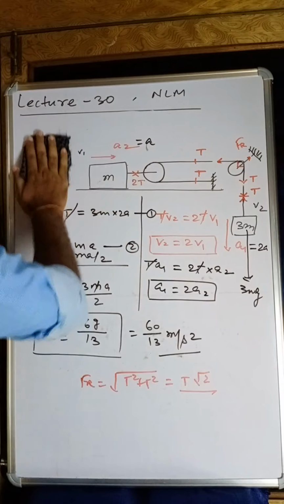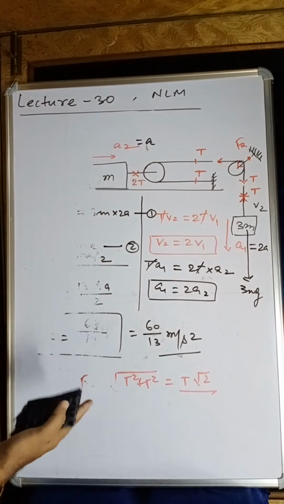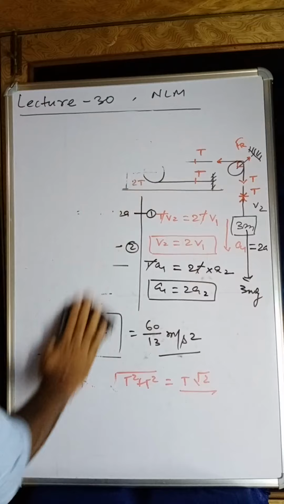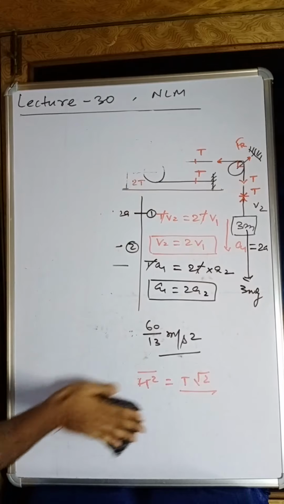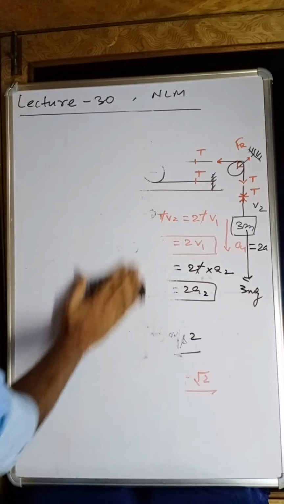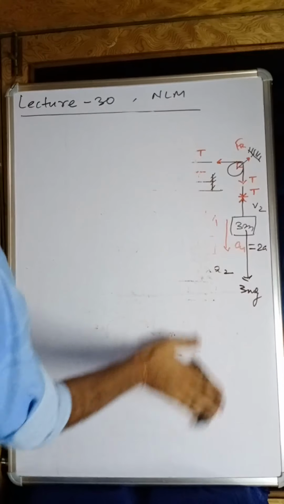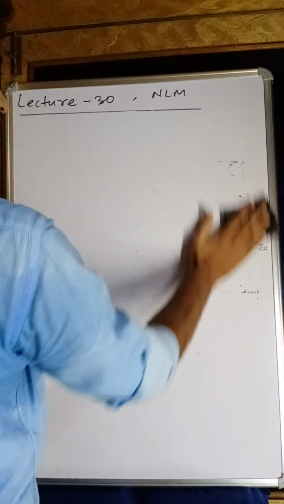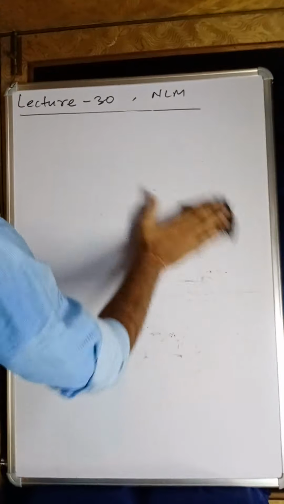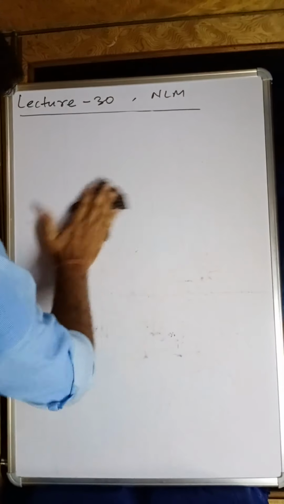Let me write this one. Now one question I'm going to give you to find the velocity, and this question was asked in competition. I have taken this question from competition corner. This is the question.